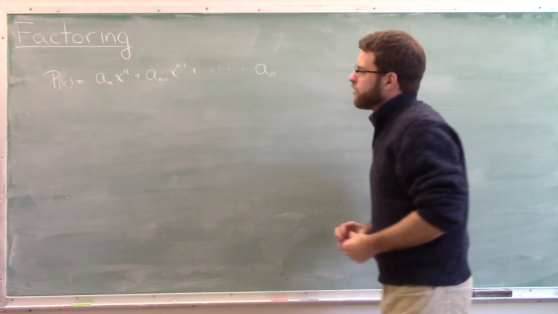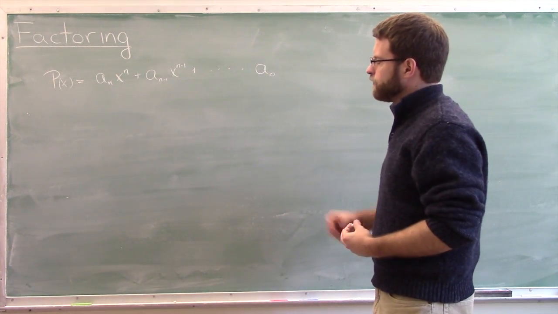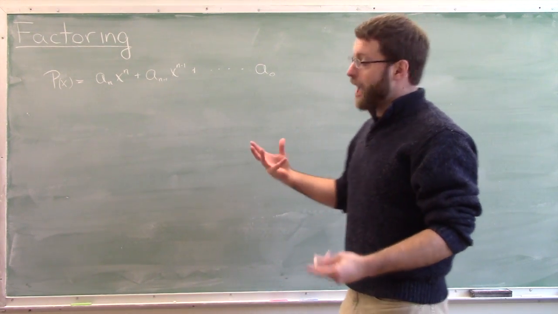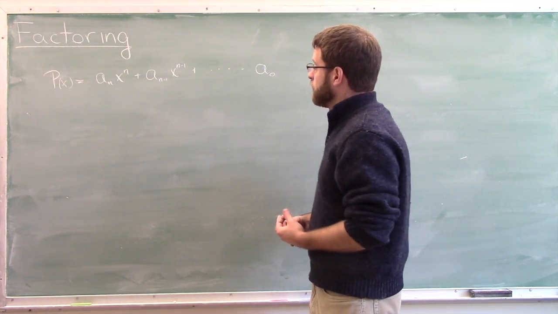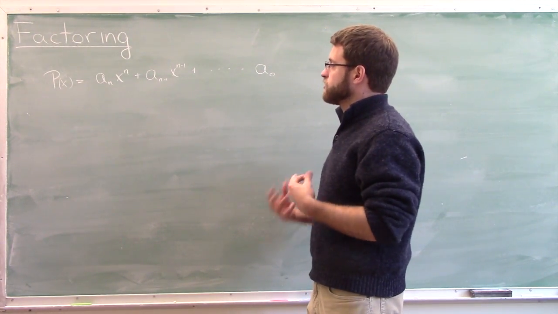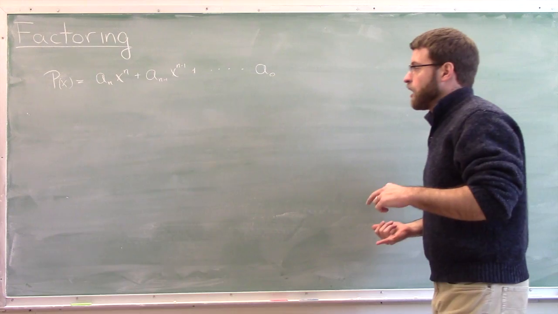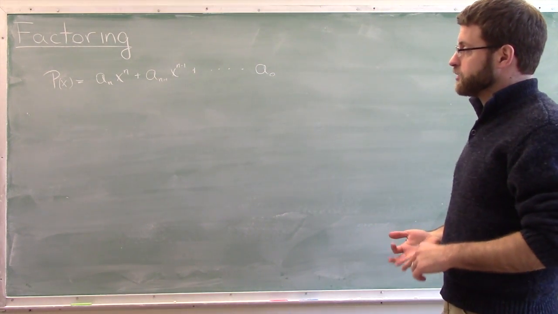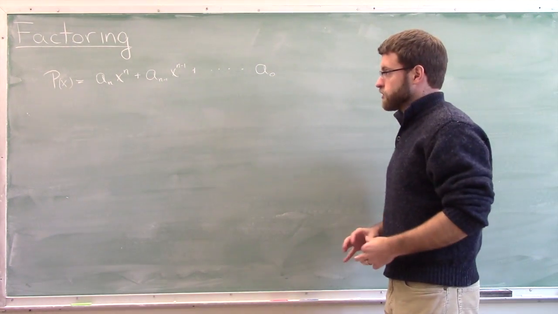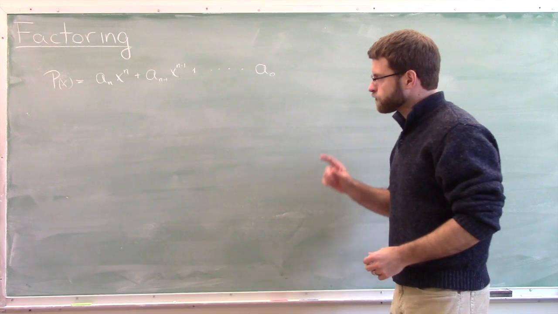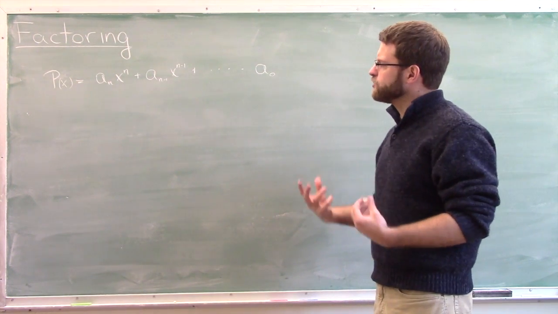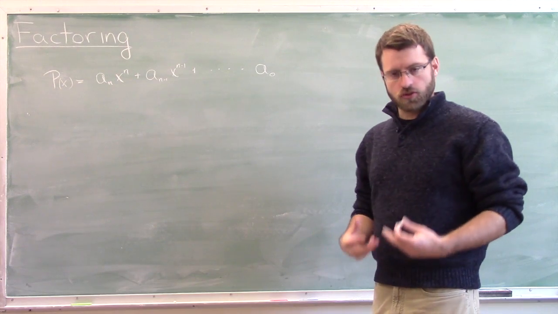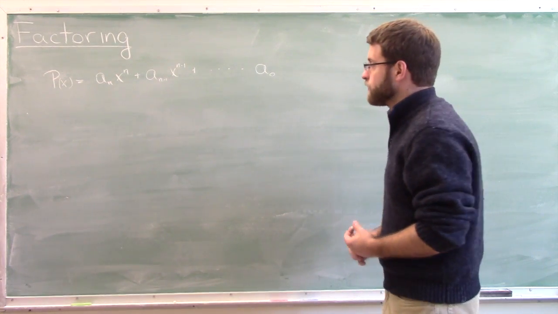When we write out a polynomial in this form, it's easy to add it to other polynomials, it's easy to evaluate it, and it's a straightforward computation for polynomial addition, polynomial multiplication, or straight function evaluation. But what's hard about this form is using it to find solutions or roots of polynomial equations.